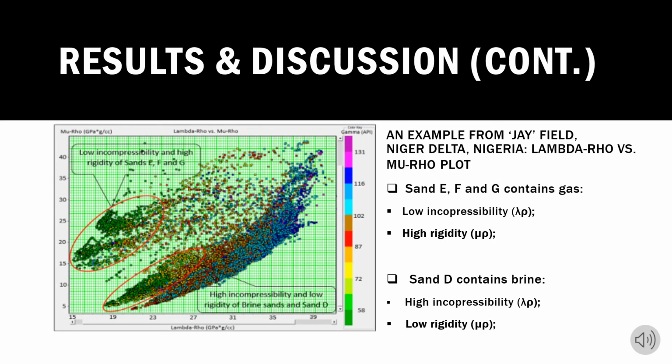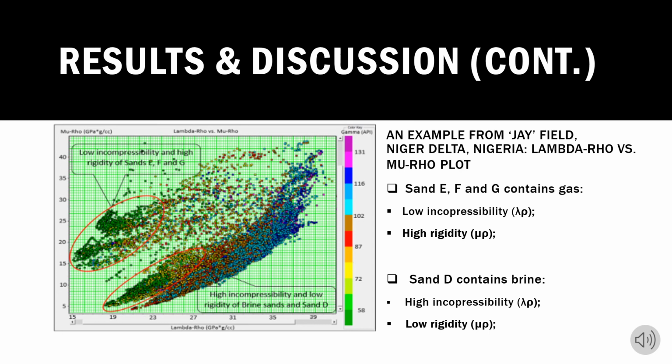So this is an example of Lambda-Rho versus Mu-Rho, extracted from one paper studying J fields in Niger Delta in Nigeria. The sands are divided according to the fluid content.